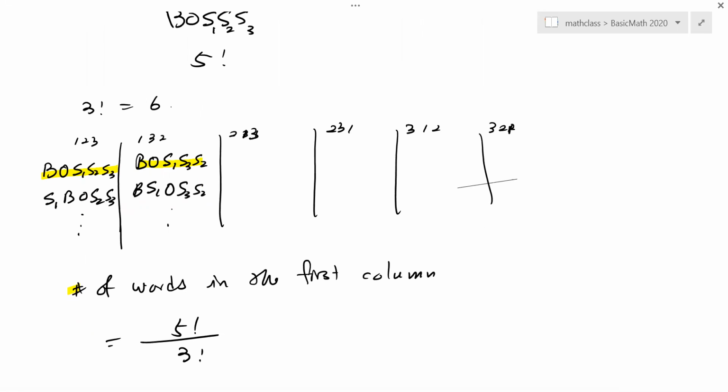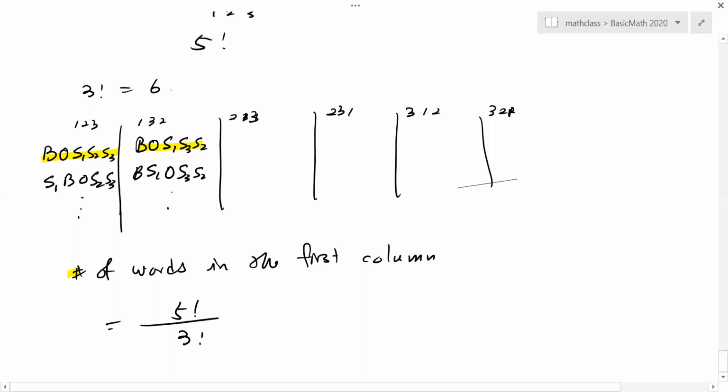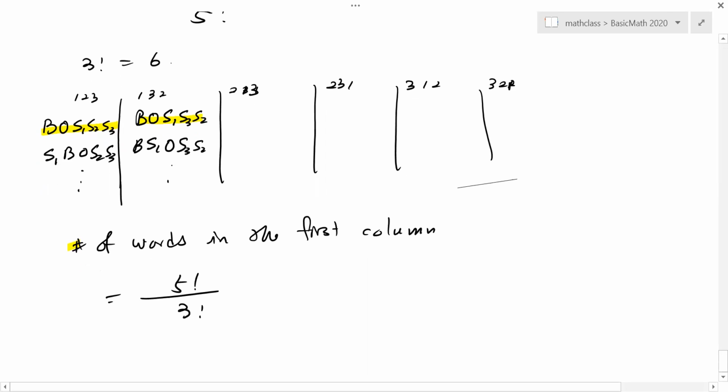If you remove the numbers, you find those 6 different columns have the same words. So you just need to count the words in the first column: the total number divided by 3 factorial, which divides by the number of groups. That gives you the number of words in the first column. So this is how we count when there are identical letters.